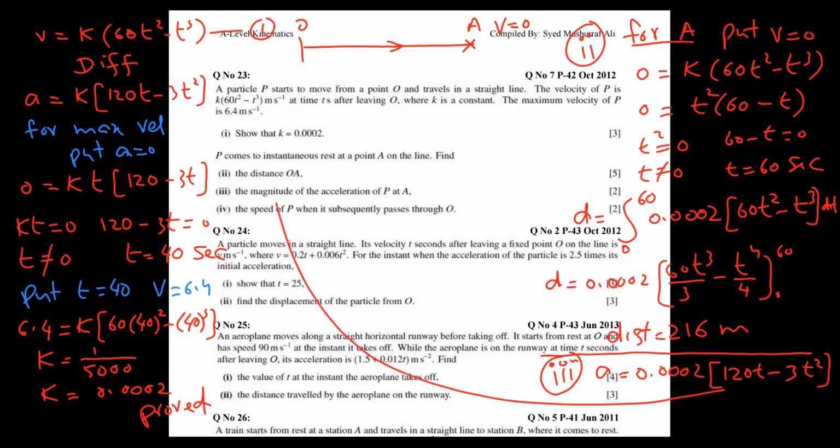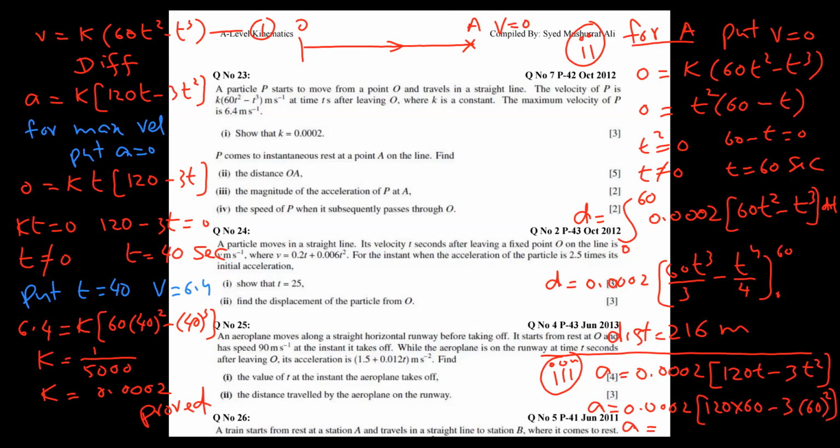I got this expression from here, and now I plug in 60 in both time places. So inshallah, I'm going to get my answer: 120 into 60 minus 3 times 60 to the power 2, and this will give me the acceleration.